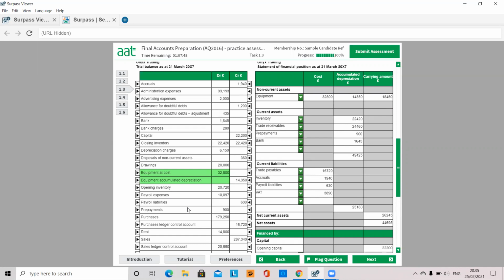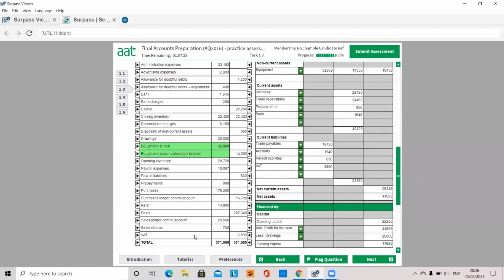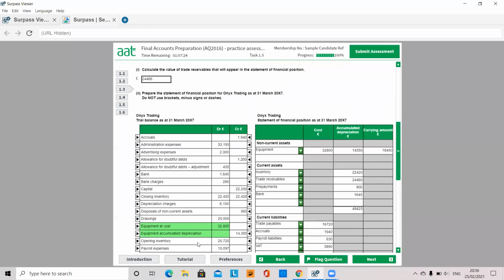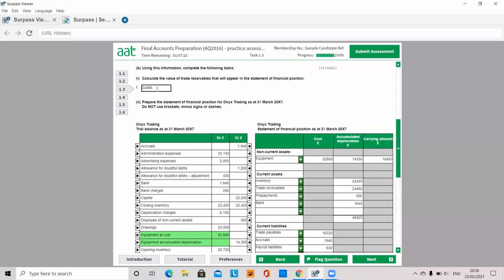I do this quite a lot, type in the wrong figure. It should be 24,460.